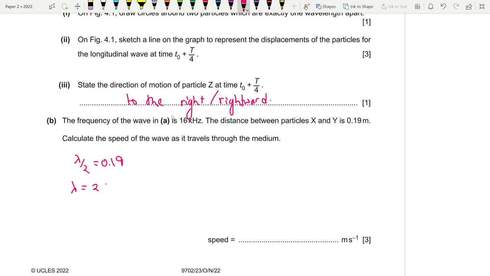So lambda is equal to 2 times 0.19, which is 0.38. Great. Now we know that v is equal to f lambda, which is going to be equal to 16 kilohertz times 0.38, which gives you 6080 or 6100 meters per second rounded off.